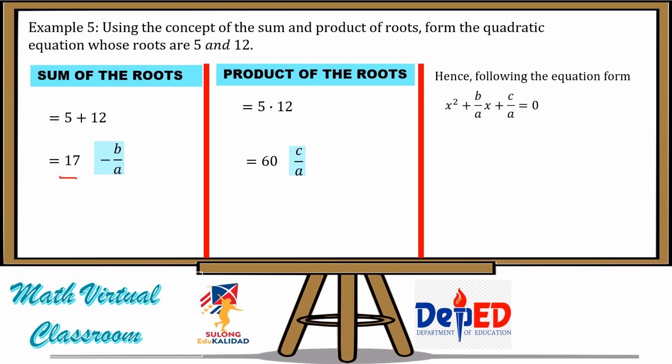So this will become negative 17 and 60. So that would give us x squared minus 17x plus 60 equals 0. So this now is the quadratic equation whose roots are 5 and 12.